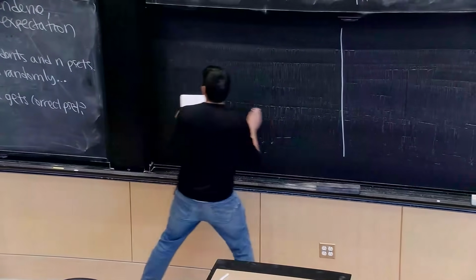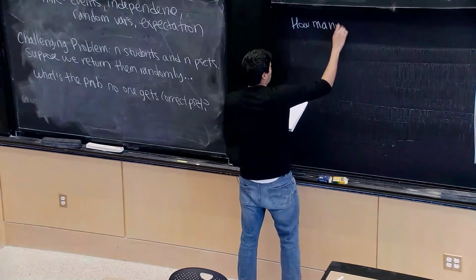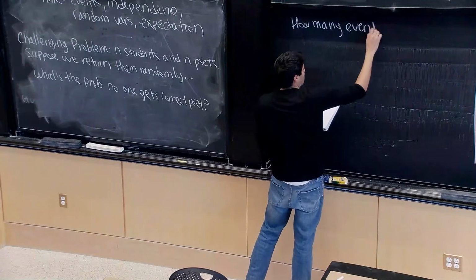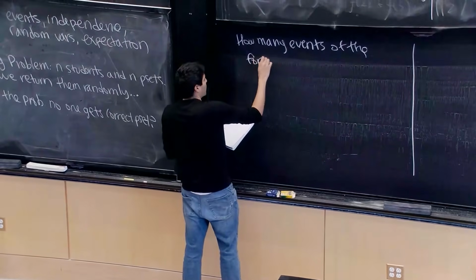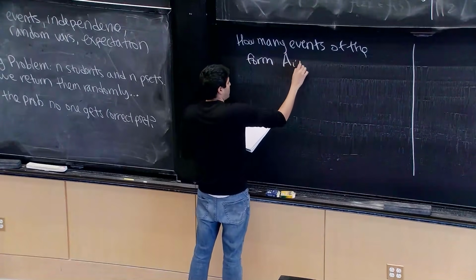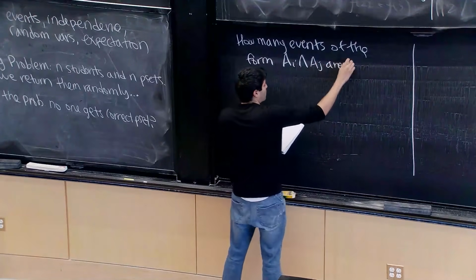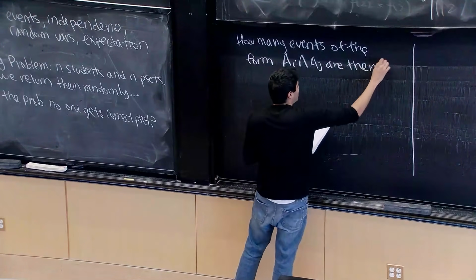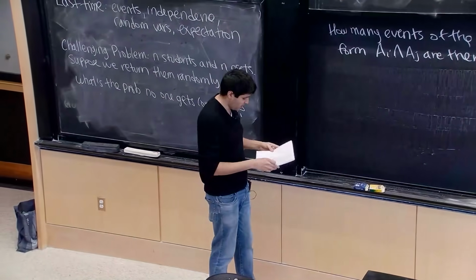So in particular, how many events of the following form, of the form A_i intersect A_j, are there? Each one of these possible pairwise intersections shows up in our inclusion-exclusion formula.